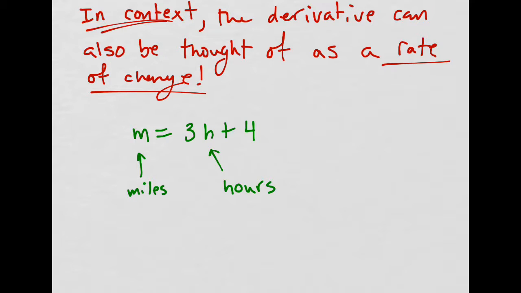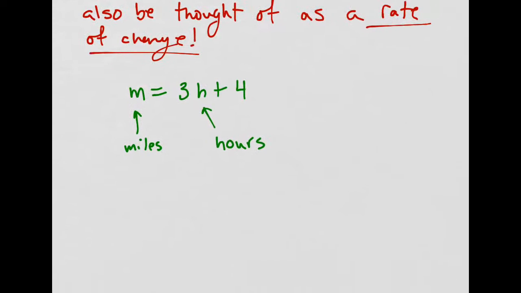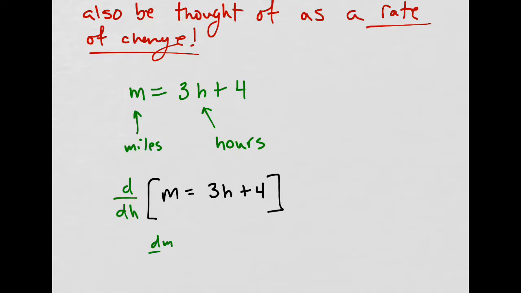So if we had this type of function and we took the derivative with respect to the hours, dm/dh, not x, h, that would give us dm/dh.